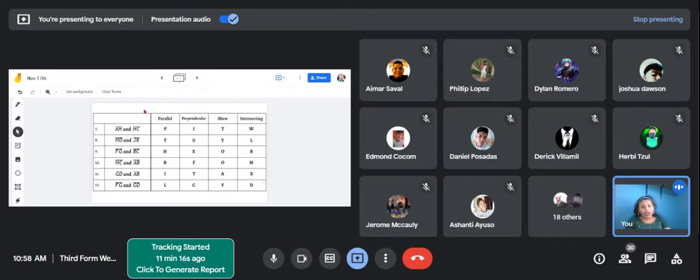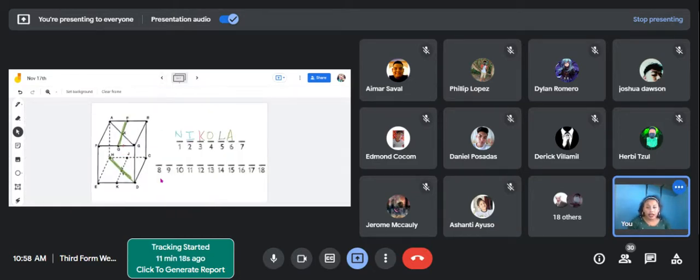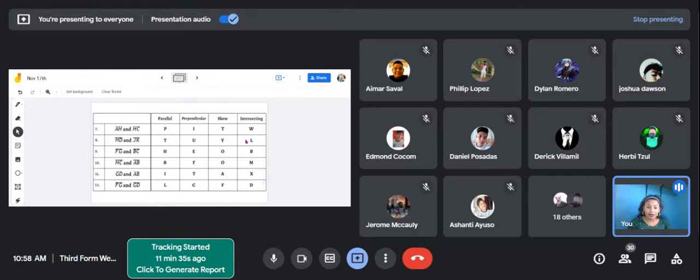What is AH and HC? Anybody? Perpendicular. Very good. So I'm going to write perpendicular over here. That's the second one. So we have the letter I.